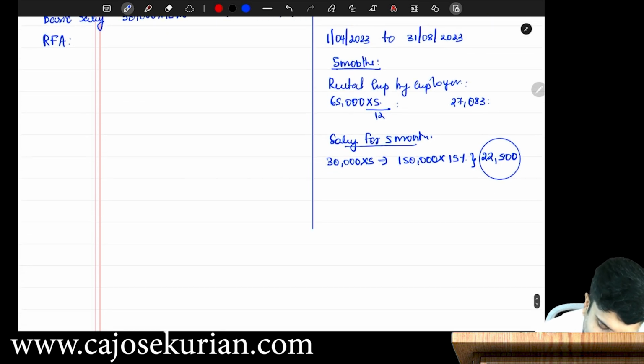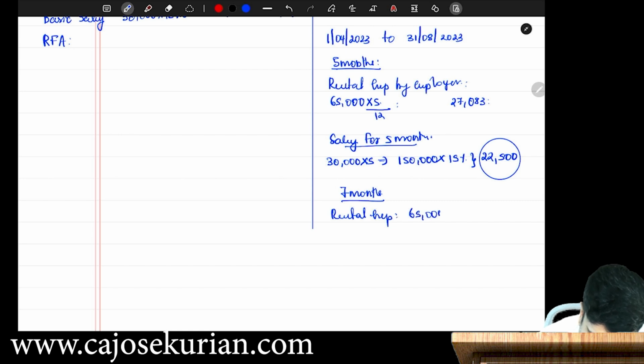Now you have to compute for the rest 7 months. For the rest 7 months, rental expenses for the employer will be 65,000 divided by 12 into 7. How much is that? 37,917. Now how about his salary?